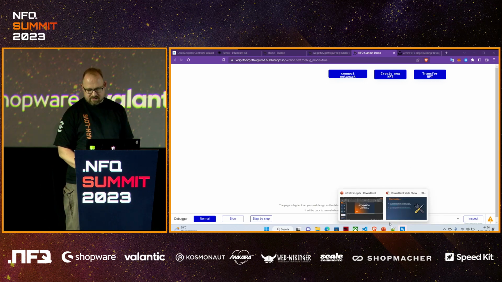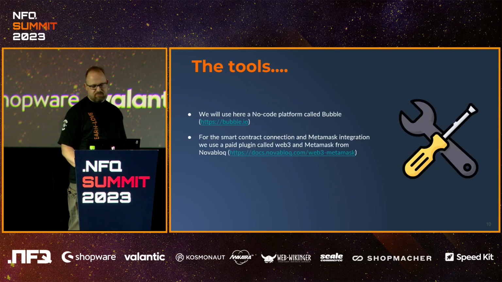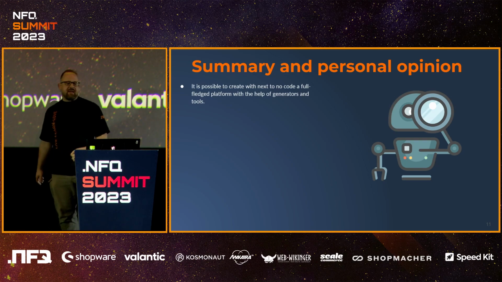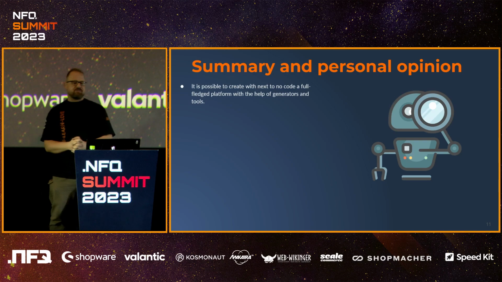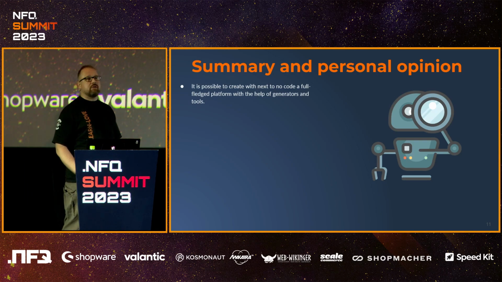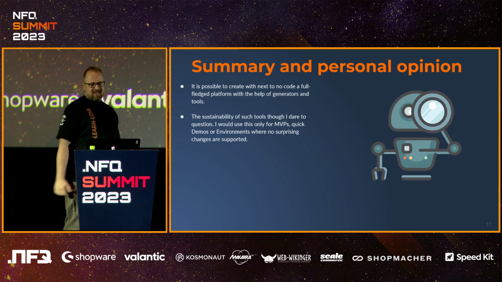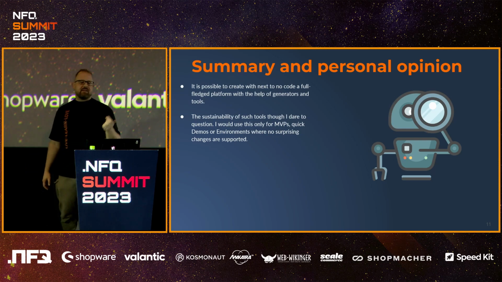It comes with some downsides. It is possible to create, with no or low code, a fully fledged platform with the help of the generators, ChatGPT, Copilot, Bubble. You have other platforms that can do that. I honestly doubt the sustainability of such tools.